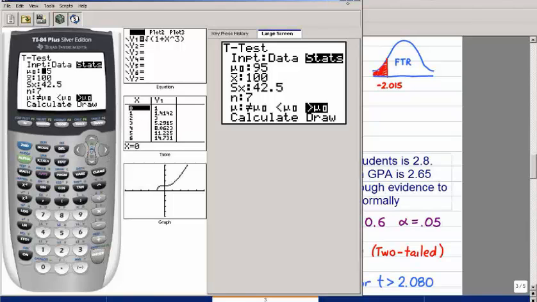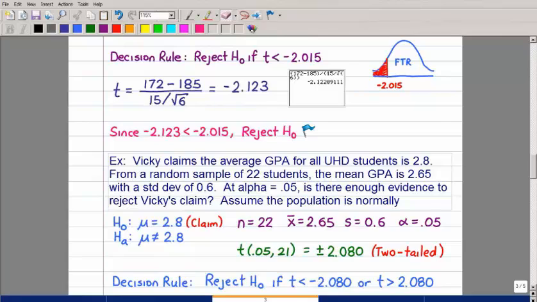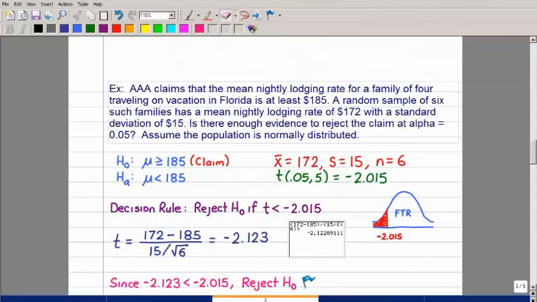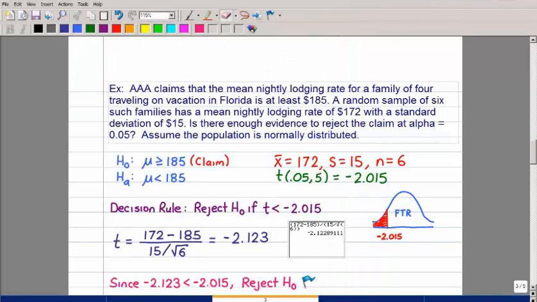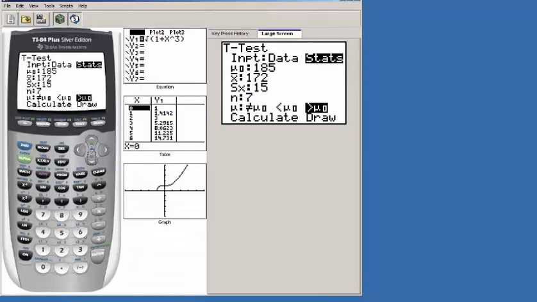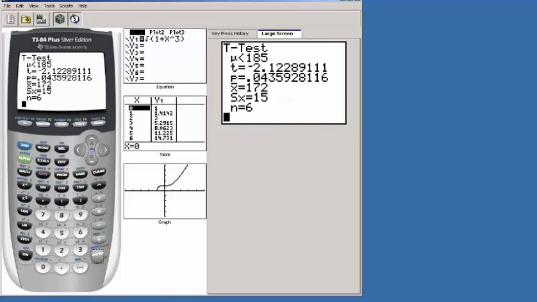Check the data: 185, 172, standard deviation is 15, and n was 6. And this time it's a left-tail test because the alternative is less than. We hit calculate.